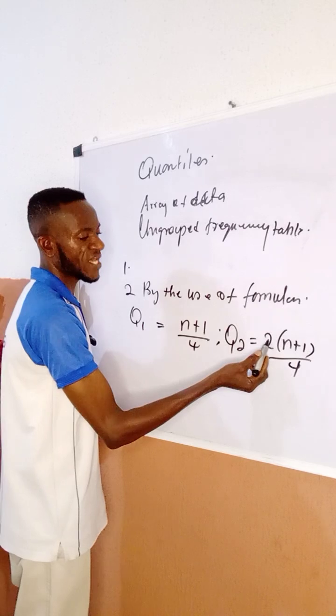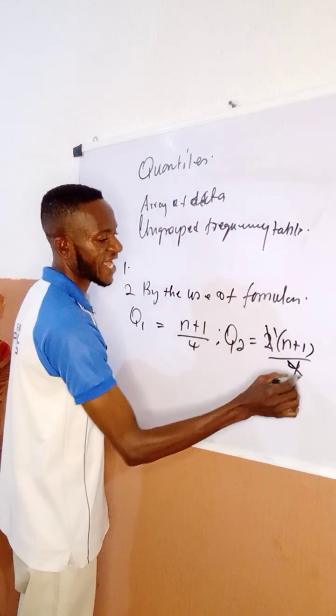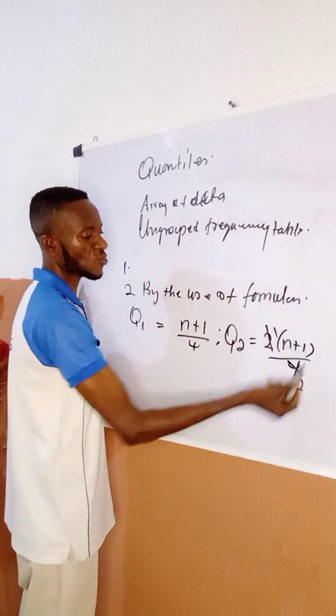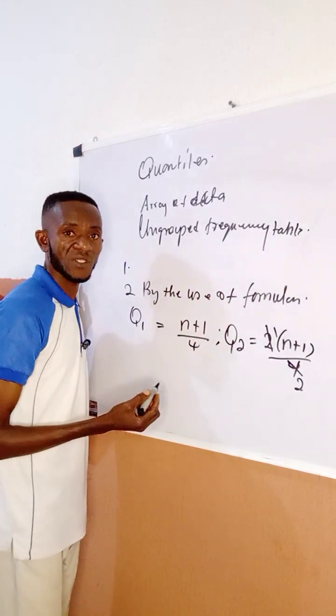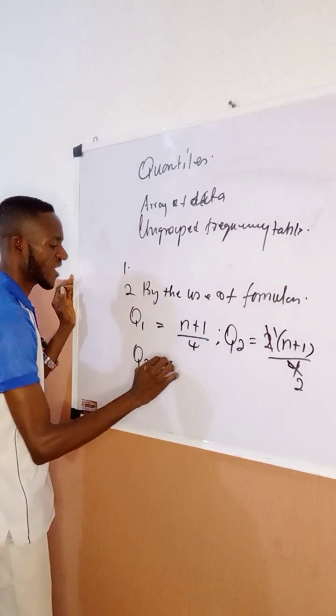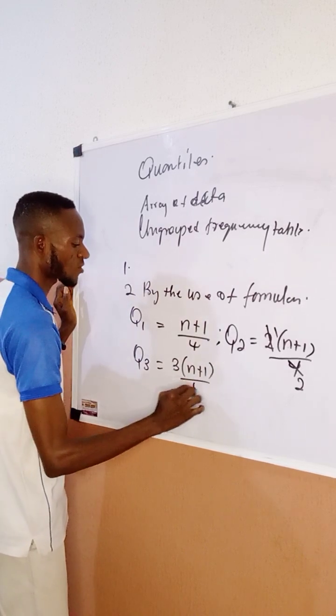Of course, I have 2 here and 4 here, so these two can cancel to give 2, and what I have here becomes N plus 1 all over 2. Then as for Q3, it is given as 3 into N plus 1 all over 4.